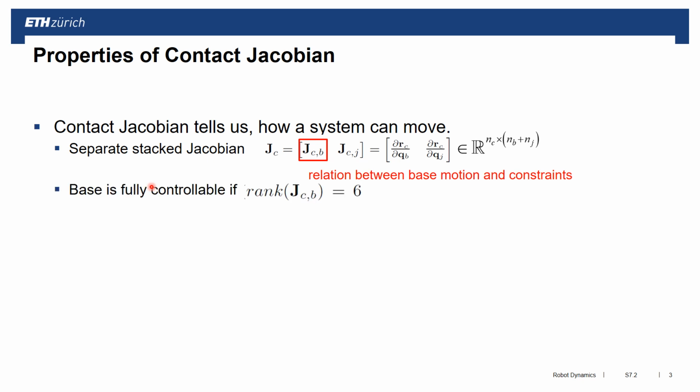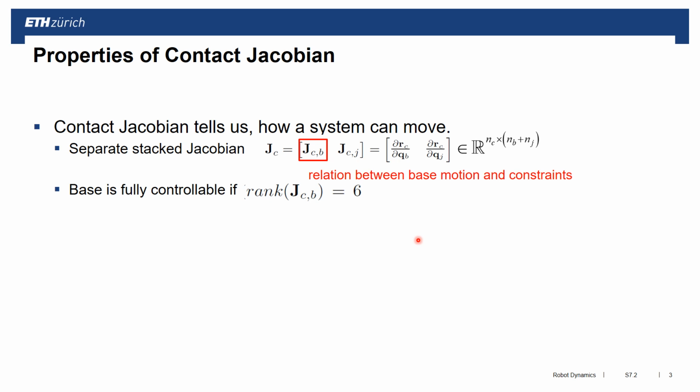If the rank of this JCB is full, and that means for a 3D system rank equal to 6, then the base is fully controllable. If it's not full, then certain degrees of freedom of this base remain uncontrollable.